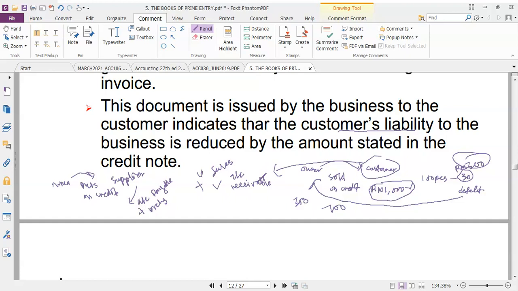Remember: sales is revenue, and account receivable is our asset, current asset.